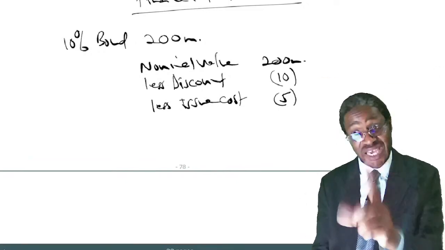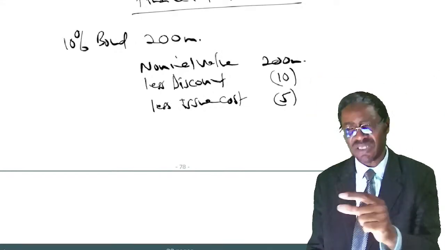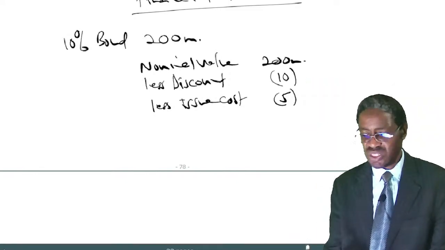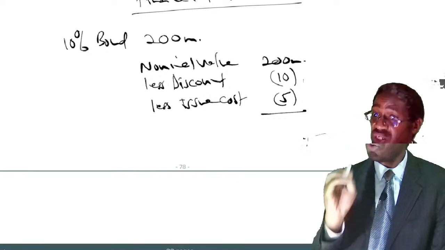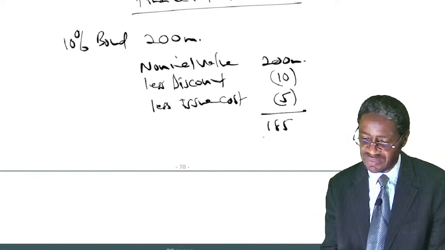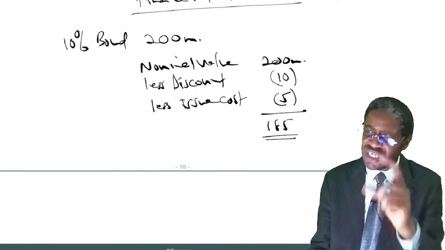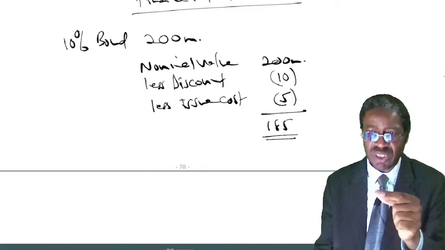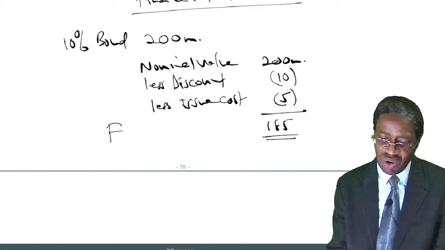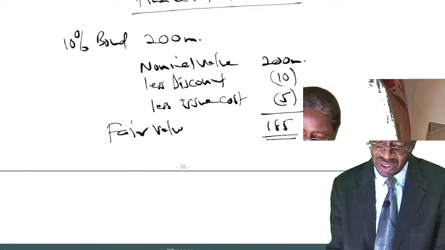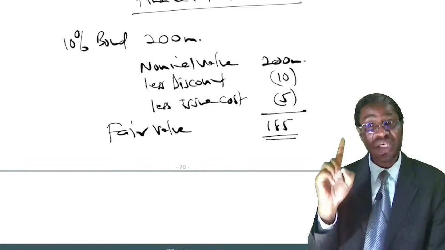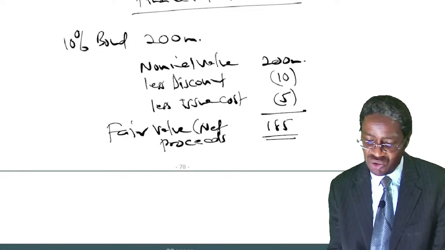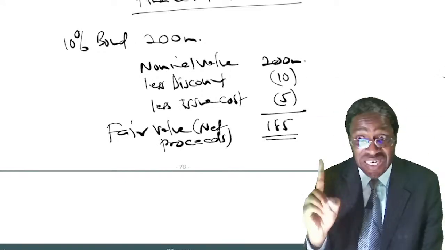Then effectively from this bond you received not 200, but 185 million. That 185 million, the net proceeds from the bond, is what we call the initial fair value.